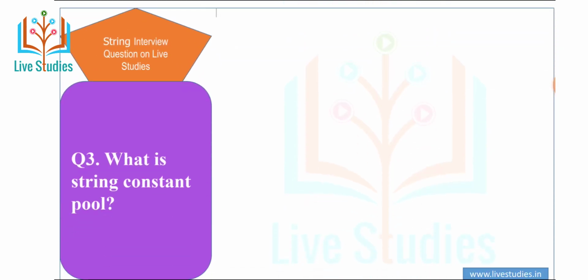Another question is, what is the string constant pool? This is a very important question in String interviews. String objects are the most used data objects in Java. Hence, Java has a special arrangement to store String objects.